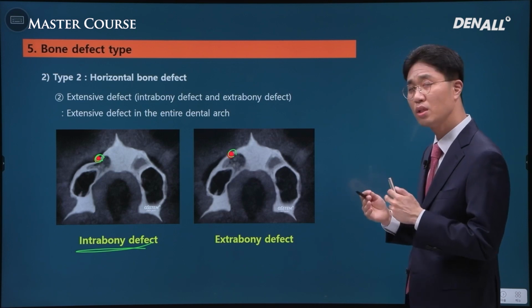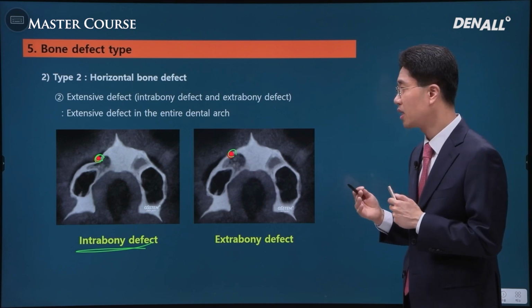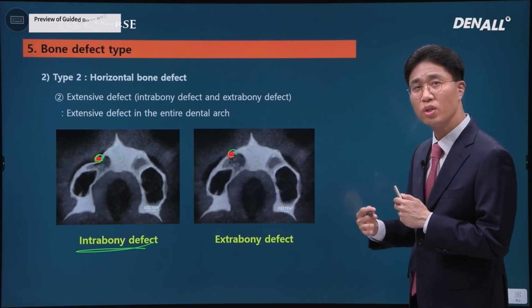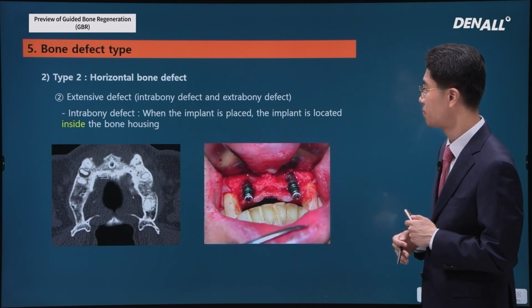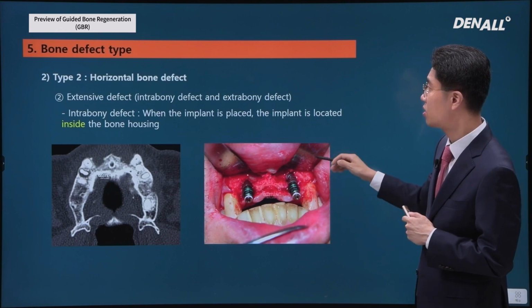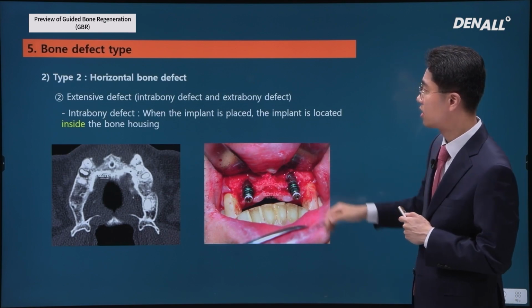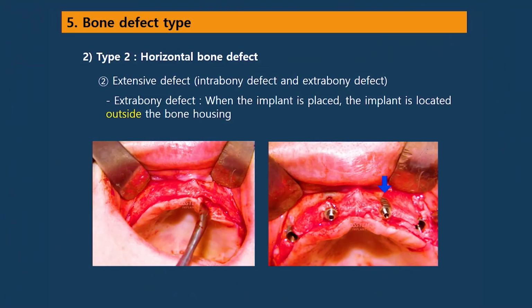When we do bone regeneration, we need to try to place the implant within the intrabony defect. This is intrabony defect. This is extra bony defect. If the implant is beyond bone housing, then space maintenance becomes even more important.